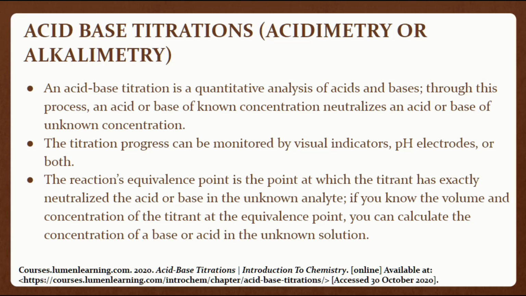The reaction's equivalence point is the point at which the titrant has exactly neutralized the acid or base in the unknown analyte. If we know the volume and concentration of the titrant at the equivalence point, we can calculate the concentration of the base or acid in an unknown solution. The primary standards used for acid-base reactions are Na2CO3, KHP, succinic acid, benzoic acid, and oxalic acid.